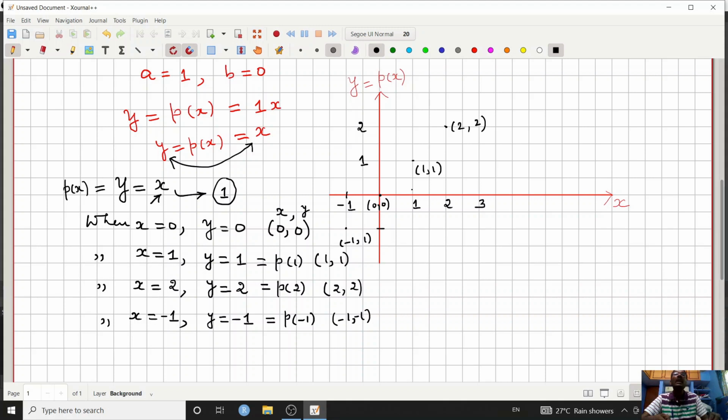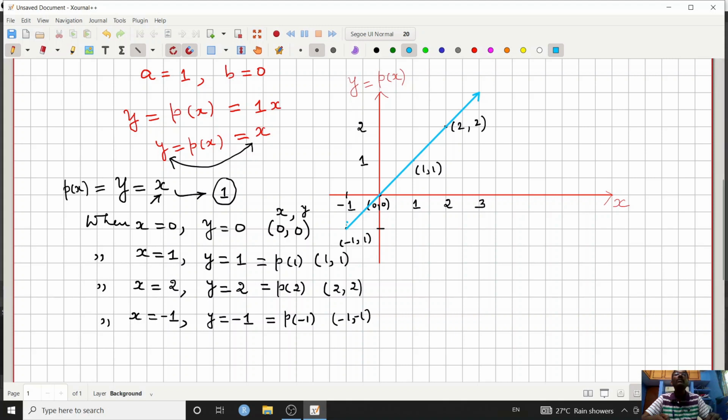Now if you keep giving values for all these things, what you will get is a line. You will get a line passing through these points. So this is the line.